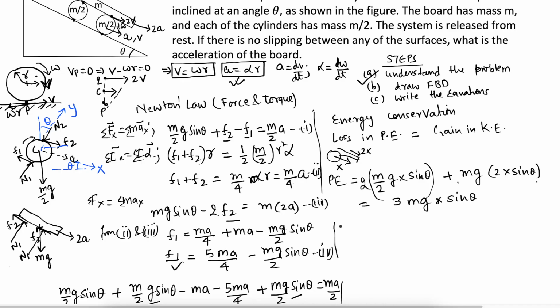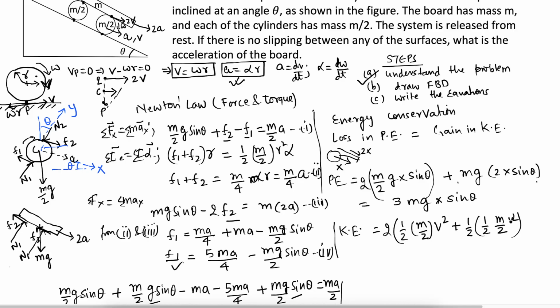Correct? Now let's say the kinetic energy. Kinetic energy is again 2 times, because there are 2 cylinders, half mv square, so half m by 2 v square, right, plus half m by 2 v square.